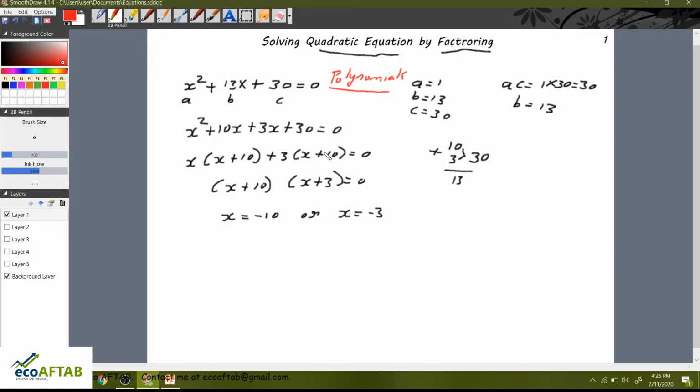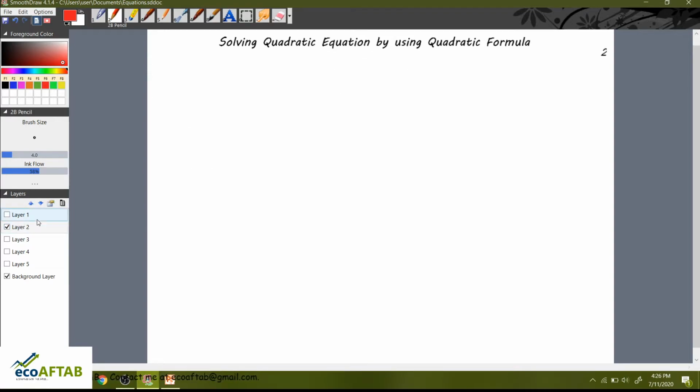Now, going next, we shall try to see how to solve quadratic equations by using a quadratic formula. So this is the second way.